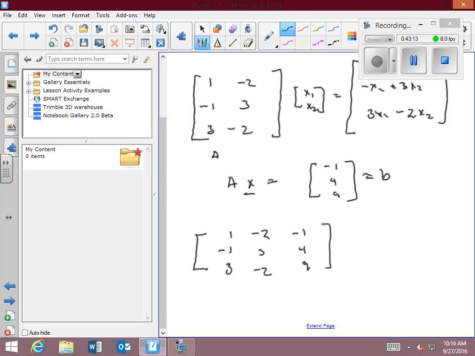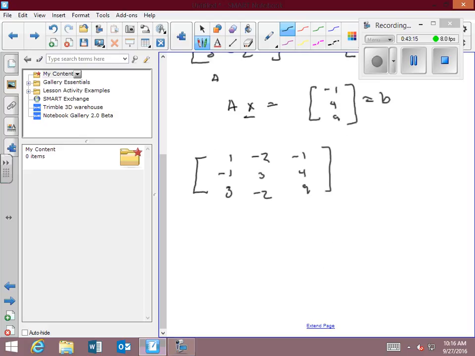That will be what we transform into that. So then we just have to do 1, minus 2, minus 1, 0.